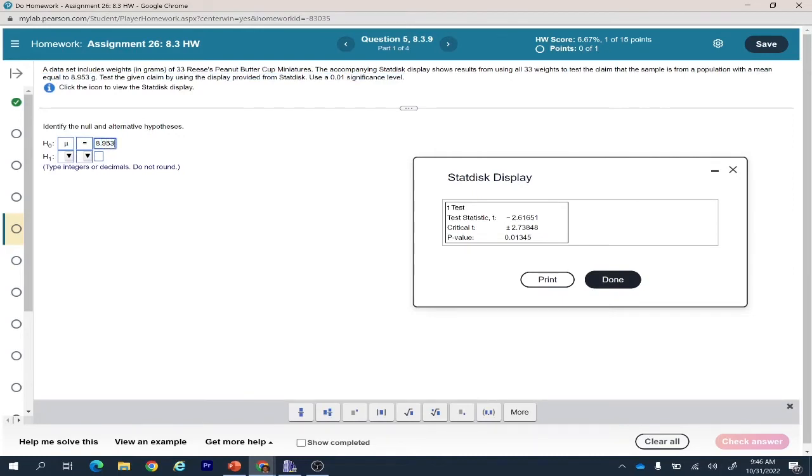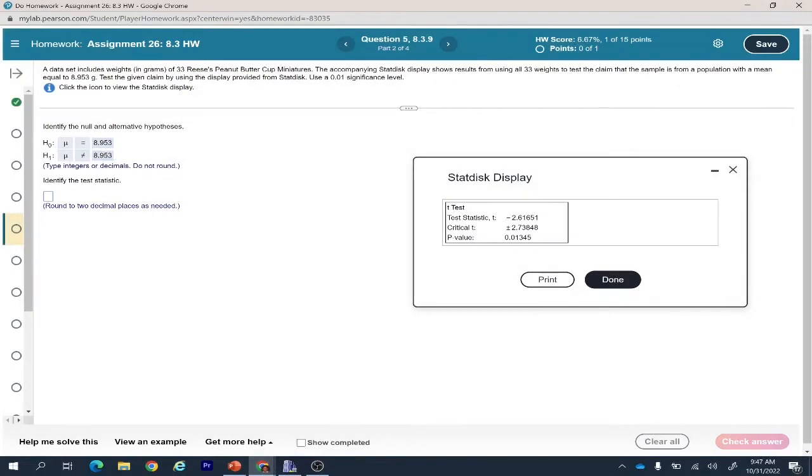That's the null hypothesis. The alternative hypothesis is not equal to 8.953. Remember, the null hypothesis always has the equal sign, and the alternative hypothesis could be not equal, less than, or greater than. In this case, it's not equal.